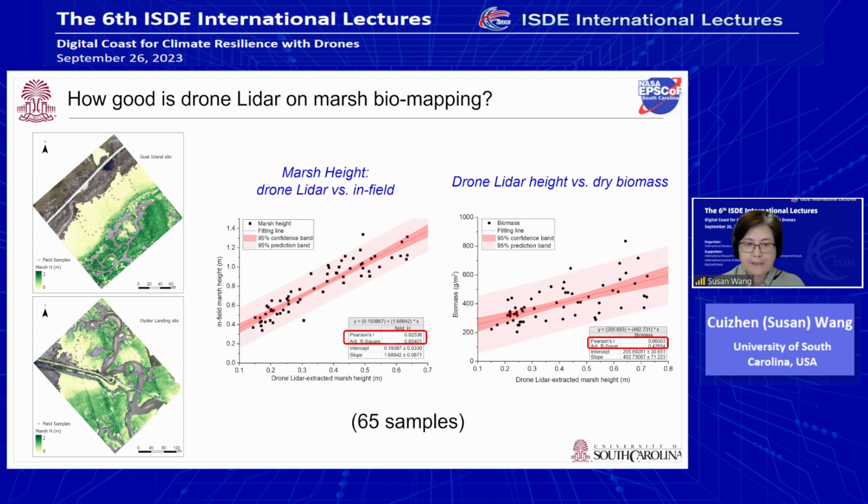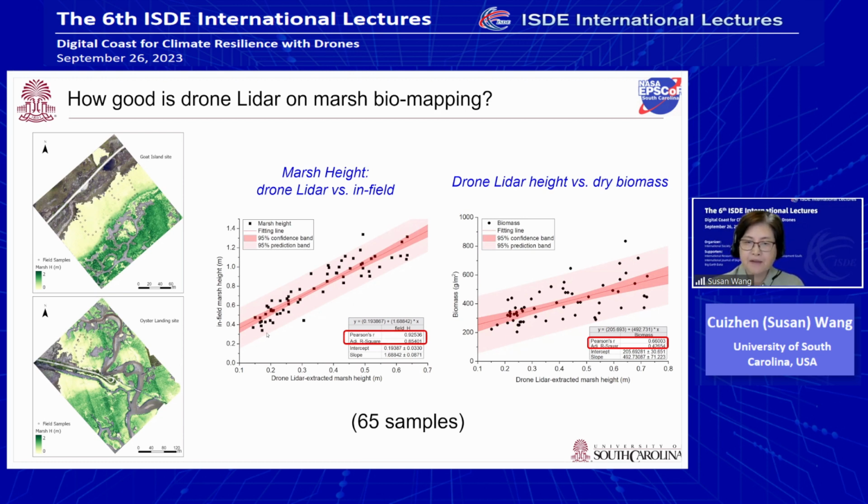Due to the physical access problem, we basically could not go further inland, into the interior estuary. So almost all samples are actually located in the high marsh habitat that's shorter than the interior estuary.